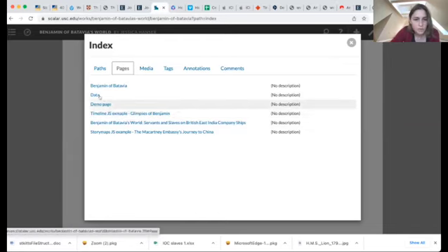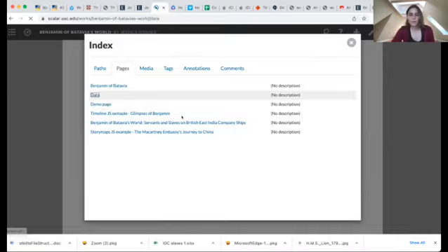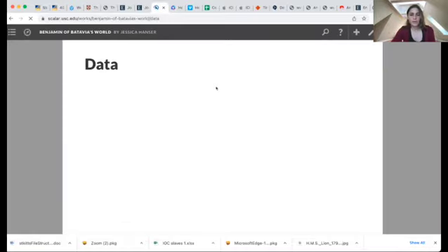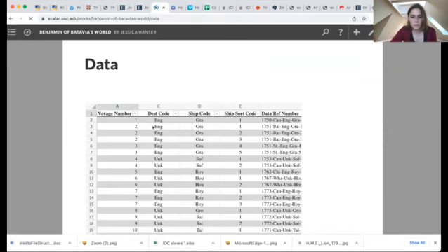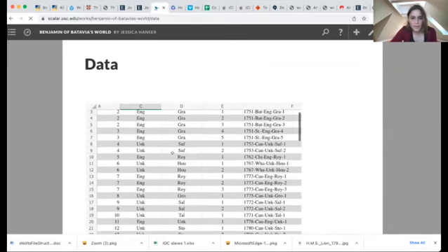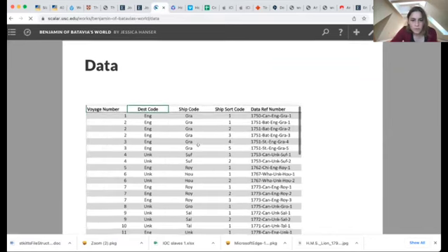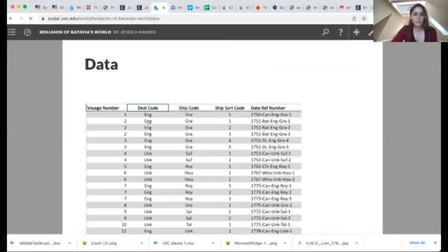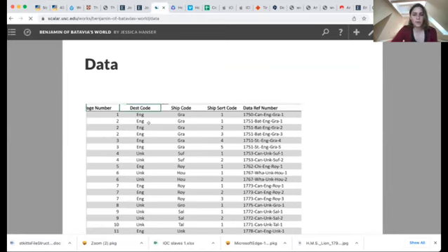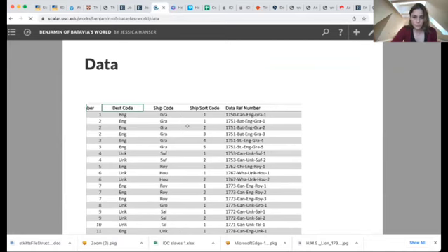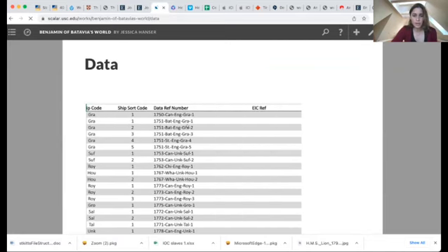Here, let me show you the data. This is the data upon which the database would be based. These are all different ships going back and forth from China.